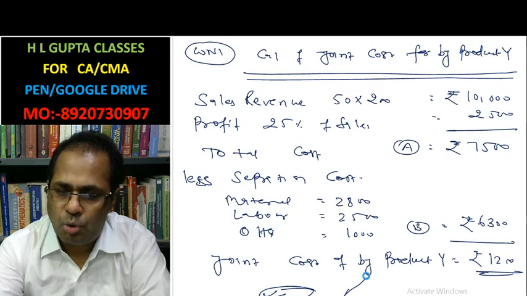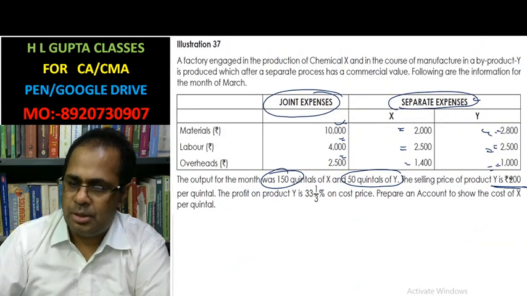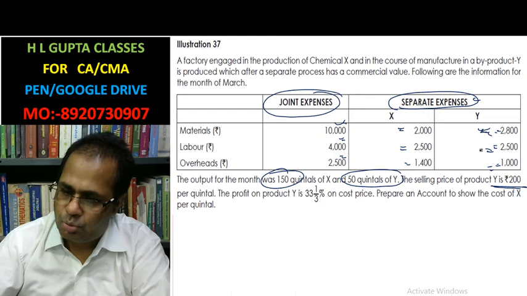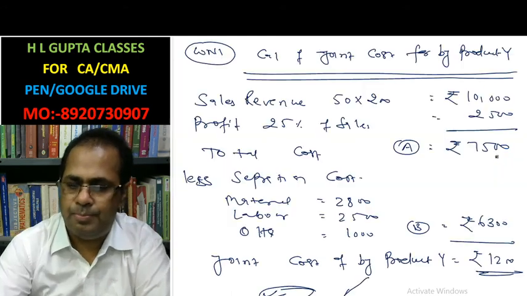The material, labor, overhead for Y are 2,800, 2,500, 1,000.